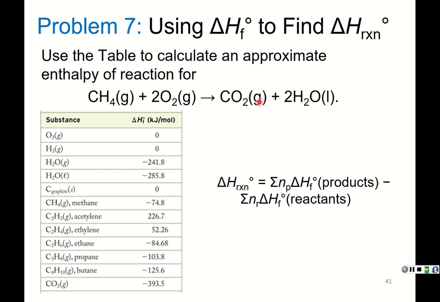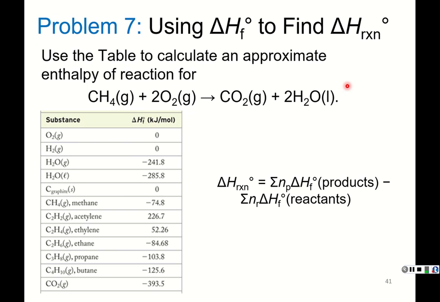And I also need to point out, the state of matter really does affect it. So in this example, we have CO2 gas. So we need to make sure that the value in the table is for the correct state of matter. So here is CO2 gas.